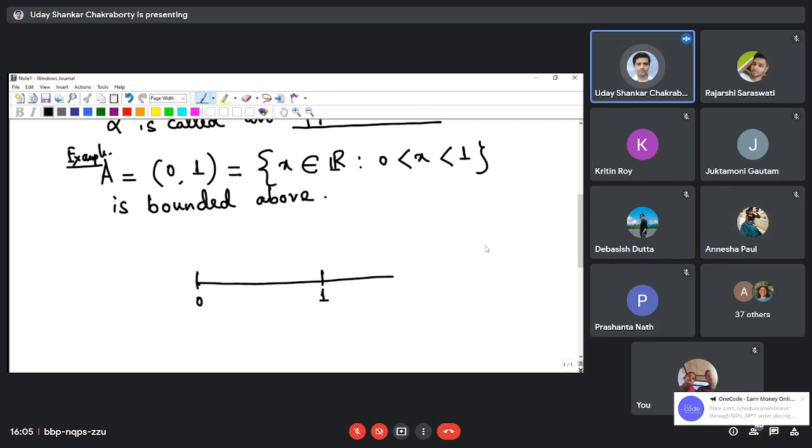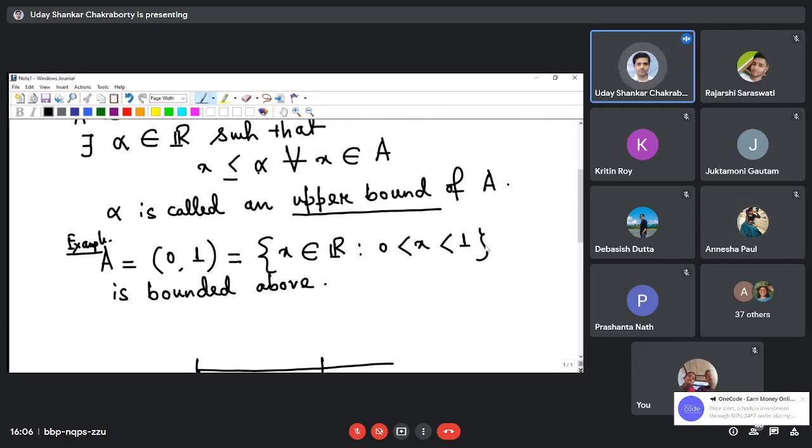Okay. So see Annesha. In the set A, all elements between 0 and 1 are there. Now the definition says if you can find a real number alpha such that every element of the set is less than or equal to alpha, then your set is said to be bounded above, right? Yes.